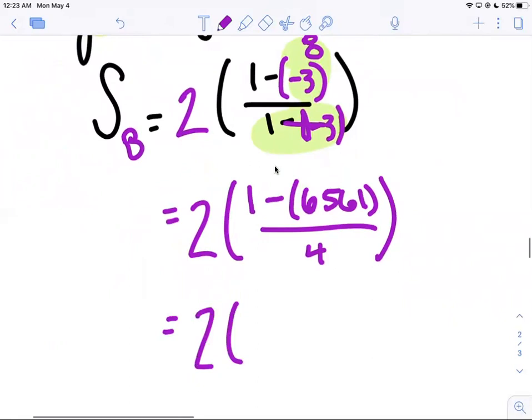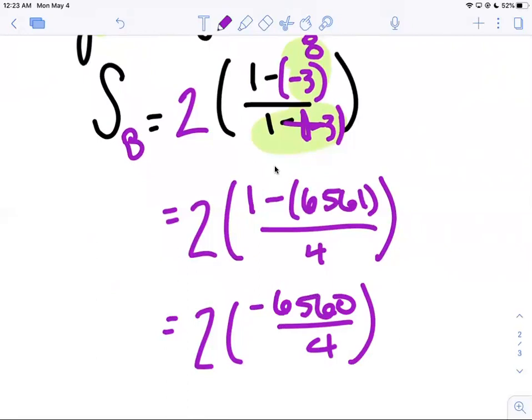2 times 1 minus 6,561 will be -6,560 over 4. You can simplify the inside here and then multiply by 2. Or what I would rather do is see that 2 and 4 have a common factor. That's going to be 2, and this is going to be 1.